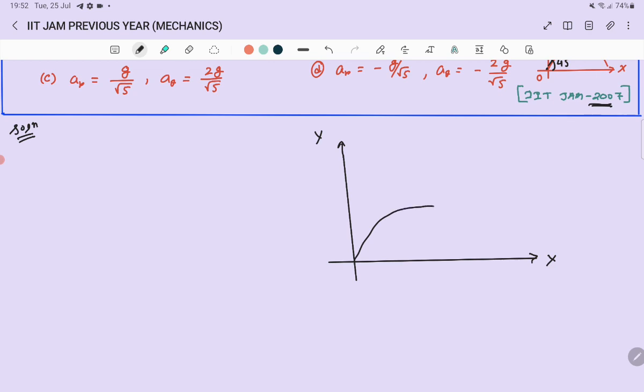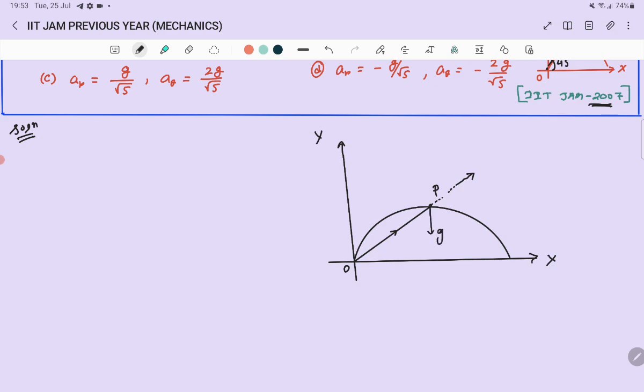So this is our projectile, this is our highest point P, and this is the line joining O to P. This direction is our positive radial direction, but the gravitational acceleration is downwards.